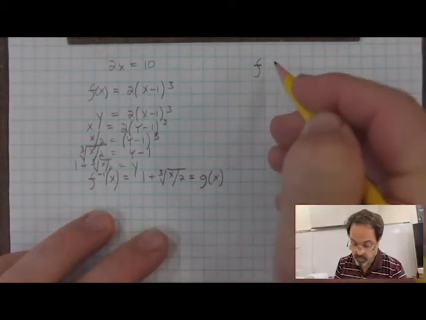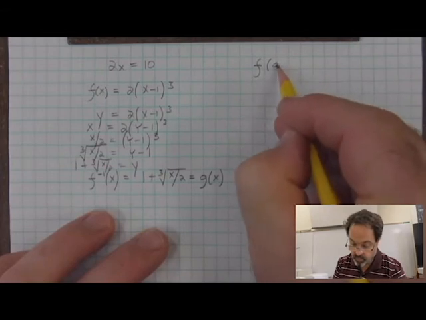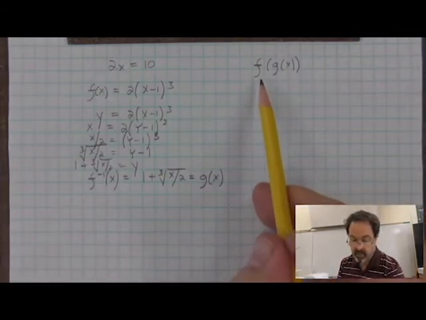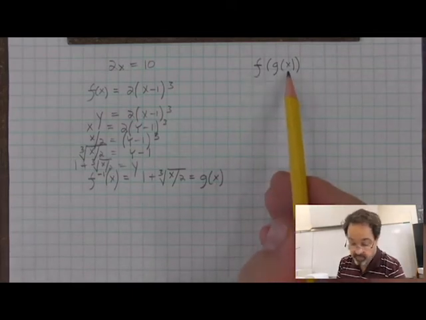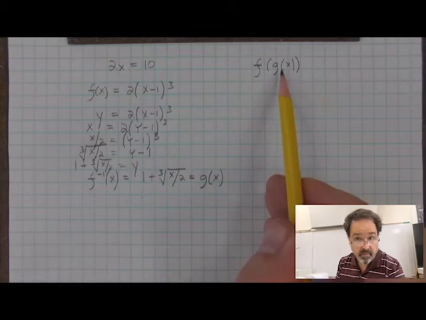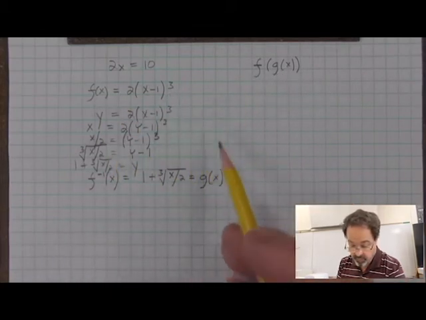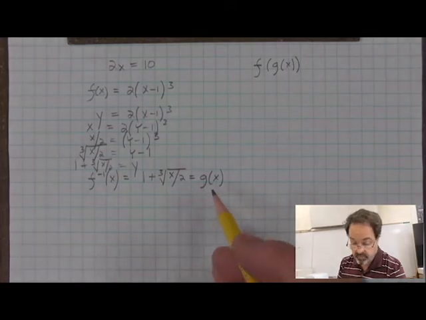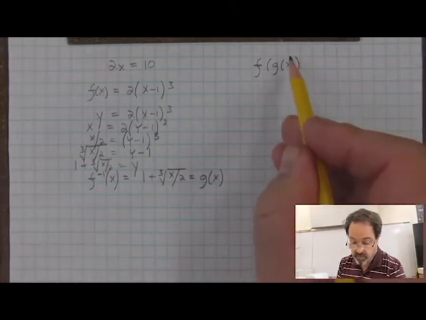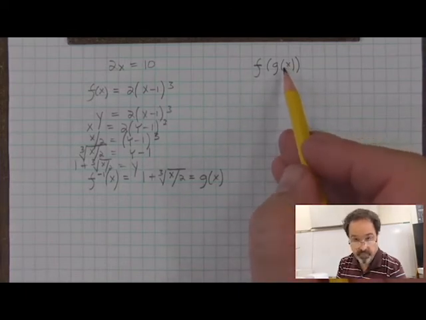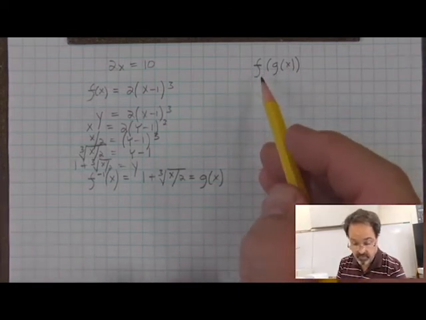Typically, when we do composite functions, they look like this. In this case, we have a function inside of another one, f composed with g. And our f function and our g function have been defined by this work and this process. I can form the expression for this composite by putting the g function into f.